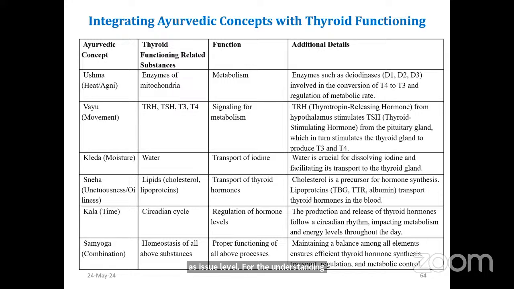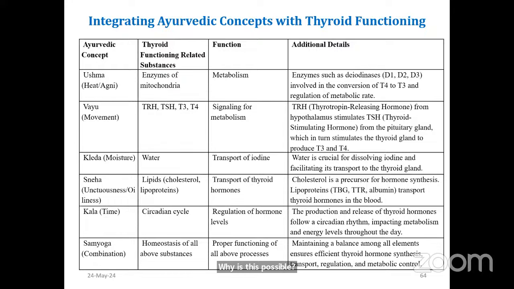Usma can be considered as the enzymes of mitochondria, and the main function of these enzymes is metabolism. The enzymes like deiodinase, DIO1, DIO2, DIO3, involved in the conversion of T4 to T3 and regulation of metabolic rate, can be considered as Usma. Vayu is responsible for movement and controlling of the body functions.